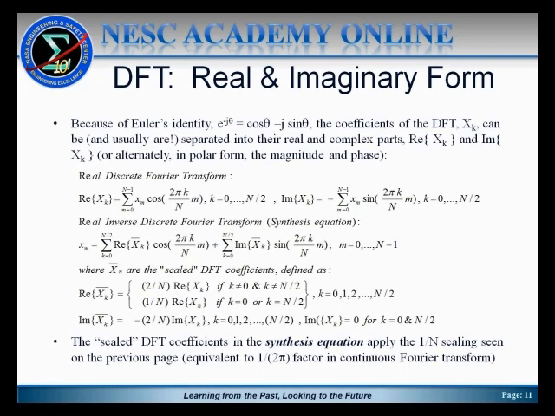That scaling factor is a very common source of error or mistake that people might make when they compute the discrete Fourier transform coefficients using the top equation. If they forget to apply that scaling, then when you try to reconstruct the original sequence x sub m, you won't get the right values.